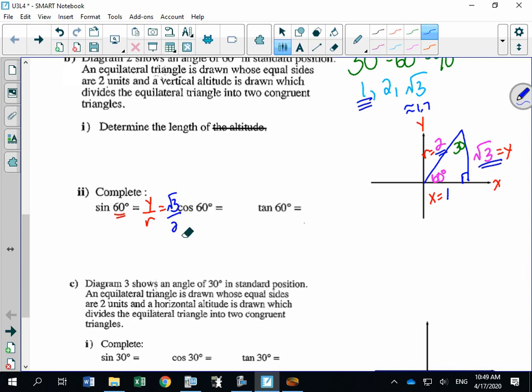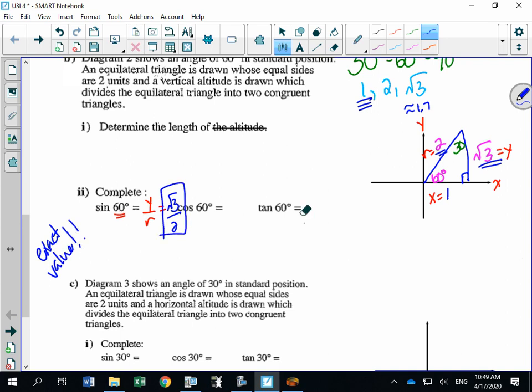My denominator's rationalized, there's no radical down there. So I'm going to argue that the sine of 60 degrees, the exact value, is root 3 over 2.